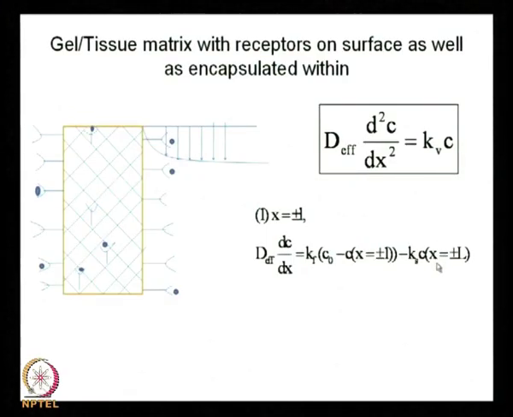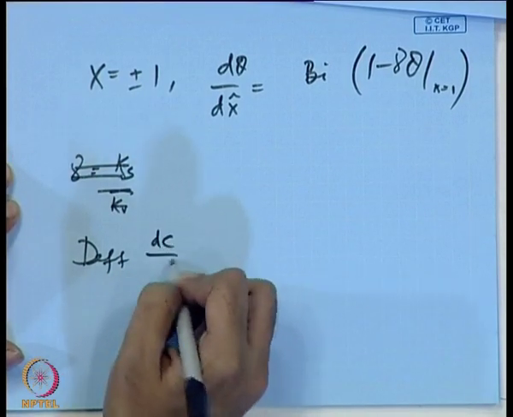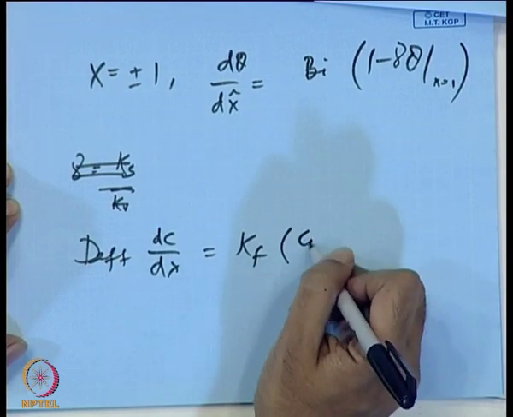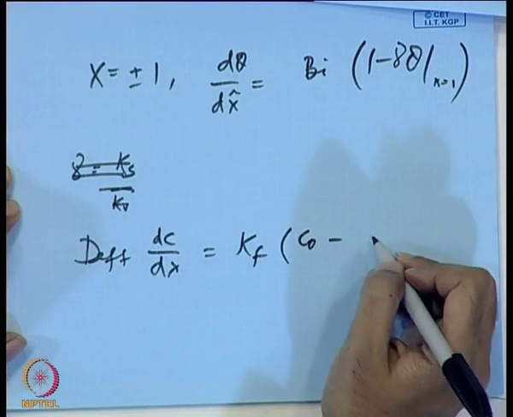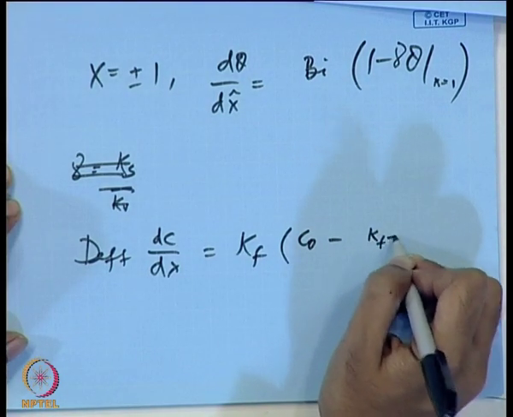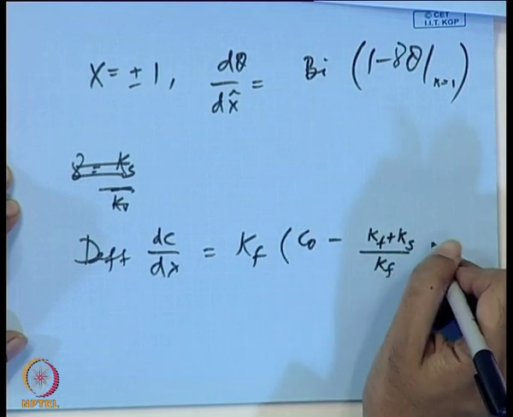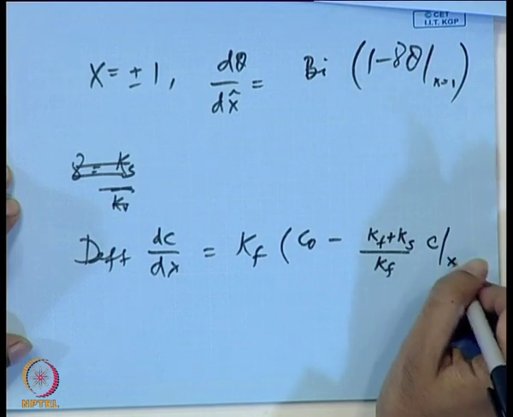Okay, here, if you look at this equation, this is Kf times C naught minus C at plus minus 1, minus Ks times C at plus minus 1. So you can club, what I am trying to say is this and this are the same variable, and you can club these two. So what you will have is D effective del C del x equals Kf C naught minus Kf plus Ks over Kf times C at x equals 1.